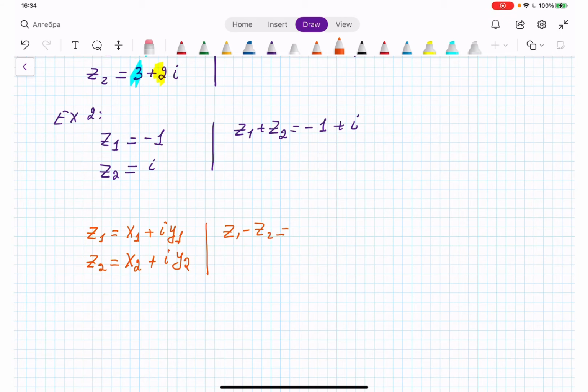Subtraction we are doing is x1 plus i y1 minus (x2 plus i y2), and this is equal to x1 minus x2 plus, taking i out, (y1 minus y2).